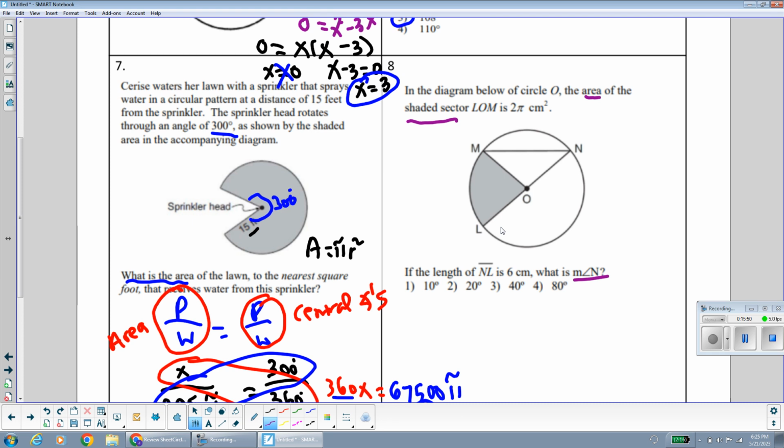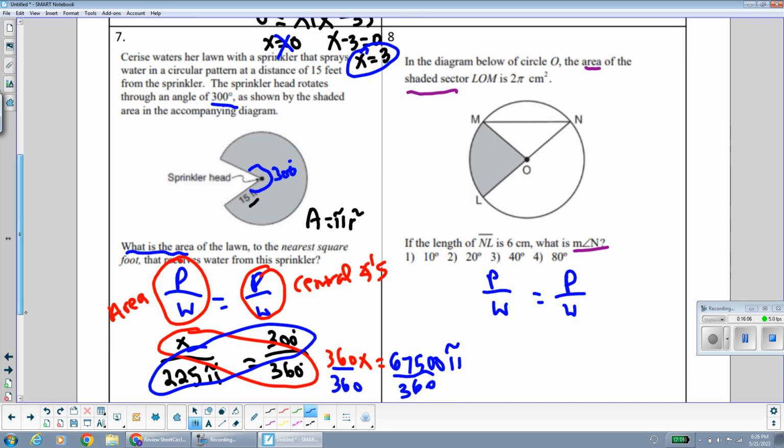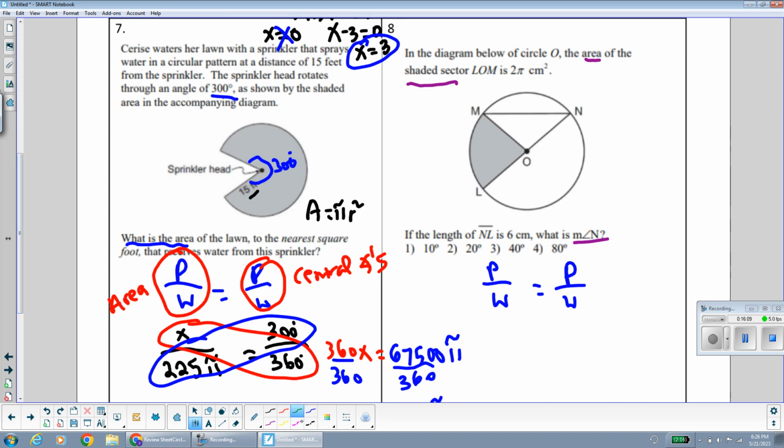So if we're talking about the shaded sector over here, let's go to our proportion. We have part over whole is equal to part over whole, just like before. One part is for area and the other part is for central angles because it is an area of the sector question. Now the shaded sector is given us. They give us an area of 2 pi centimeters squared.